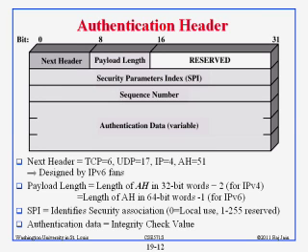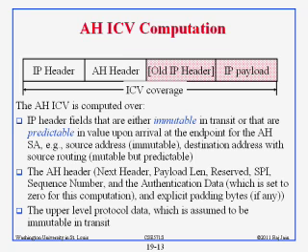Any question about the header? If not, let's see ICV coverage. ICV covers the whole packet from outer to inner, the whole thing, and the header. If any of these fields change, ICV will not match.